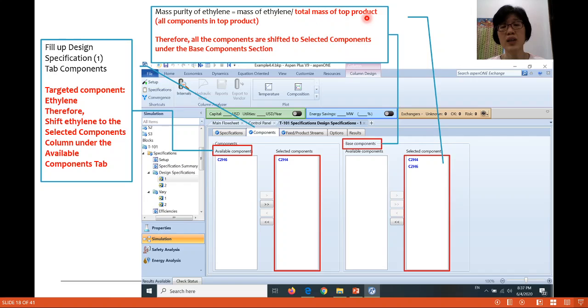That means the denominator in the equation. It is actually all components in the top product. That's why we select all components here. So this is the justification to select all the components as the base component.